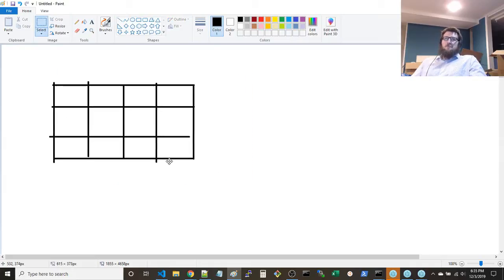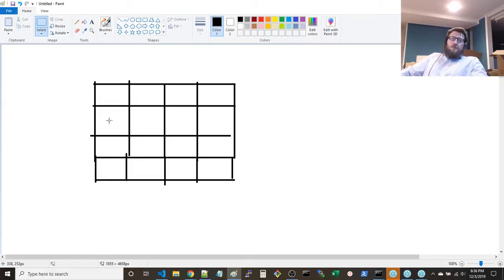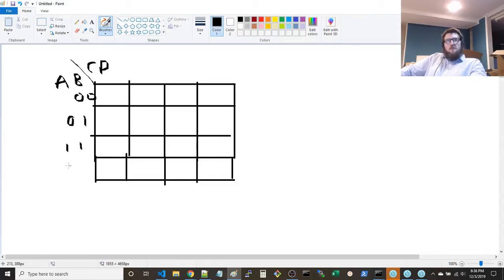You've got this square. It's not quite a square. And we're going to draw it like this: A, B, C, D. And we're going to say 0, 0, 0, 1, 1, 1, 1, 0. And we're going to repeat that on the other side.